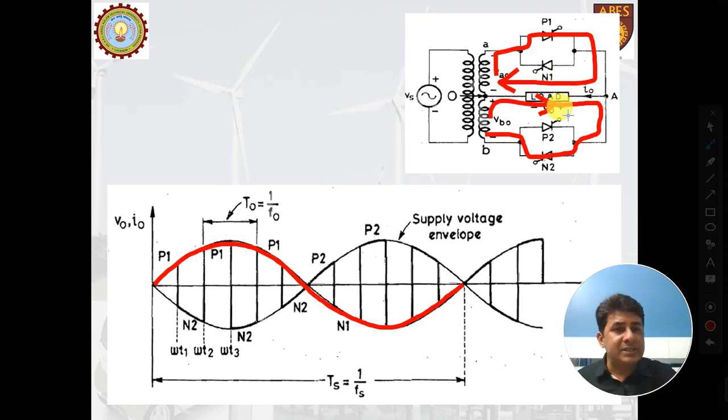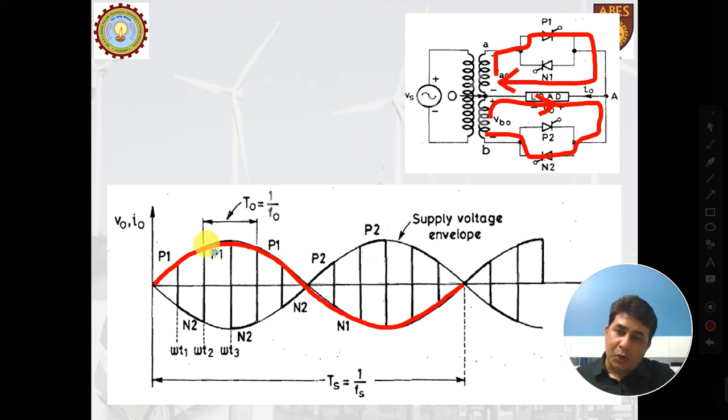So in both the cases, the direction of flow of current would be different. So by firing P1, the load will receive a current from point A to this point, while if N2 is triggered, the load will receive a current from this point to A. That means the load current will reverse in case of N2 if we are comparing it with P1.